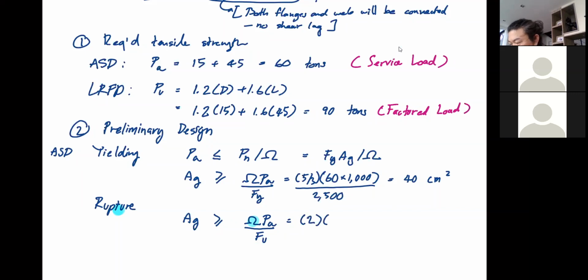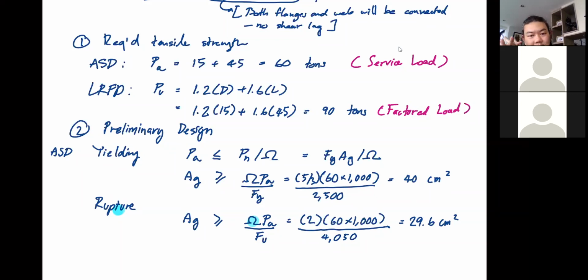The force is the same. And this time the FU is 4050. I use this number. If you use 4000, I would not say that you are wrong. You're free to use 4000. And I got 29.6 square centimeter.